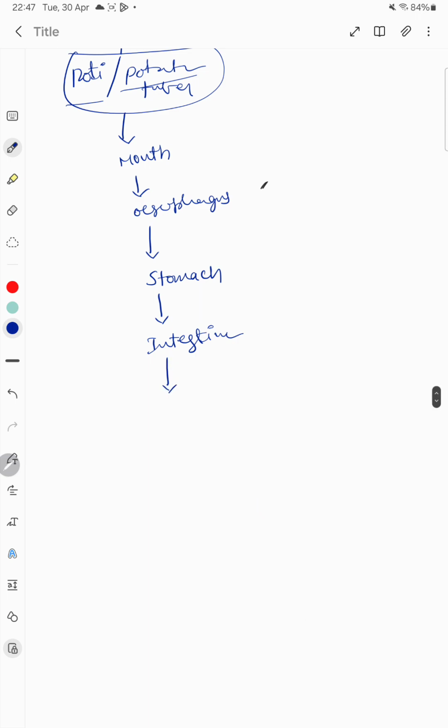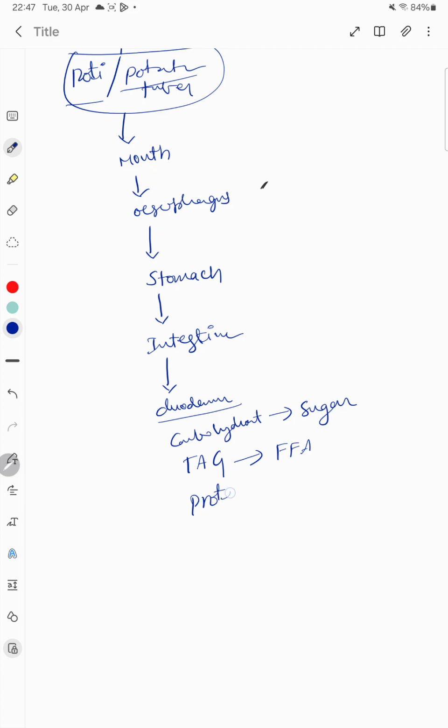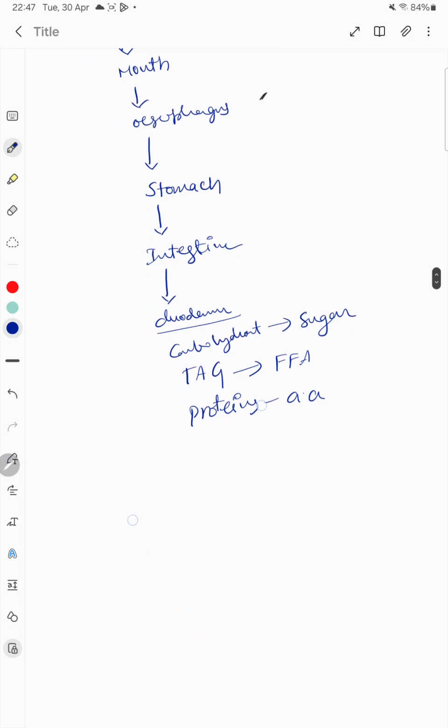From the intestine, the part called duodenum, the second part of the duodenum, the digestion process starts, which means carbohydrates will get broken down into sugars, and fats we generally take as triacylglycerols, shortly TAG. They will be broken down as free fatty acids, and proteins we take as complex proteins and they will be broken down as amino acids.